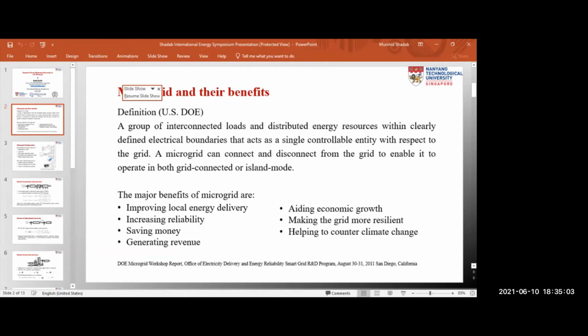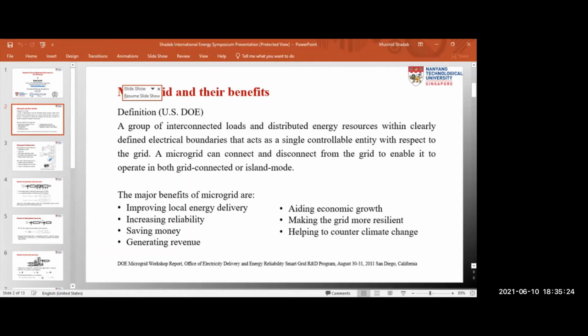Therefore, the cost of energy to the local loads is also reduced. Moreover, when there is more generation of energy than the consumption of the locality, it can be fed back to the grid, and therefore this can aid economic growth for the locality.